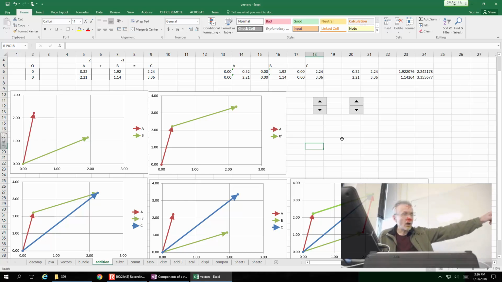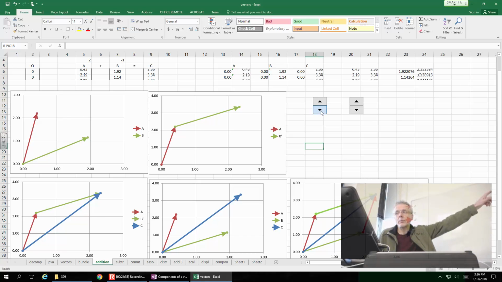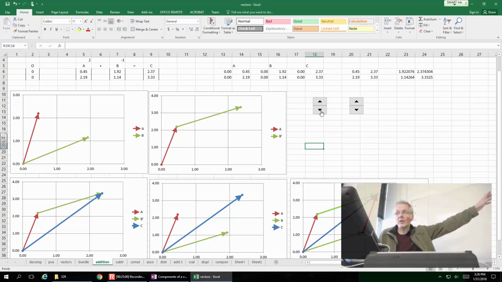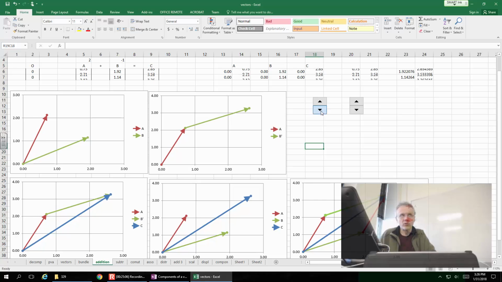That's my C on the left, and then the alternative way to do it is with the parallelogram. So that's the other 2 pictures. If I start rotating A, you can see how coordinates of A change. B remains intact. All I'm doing is rotating A, and as you can see, everything is changing in unison.